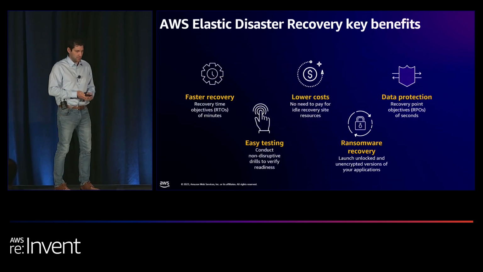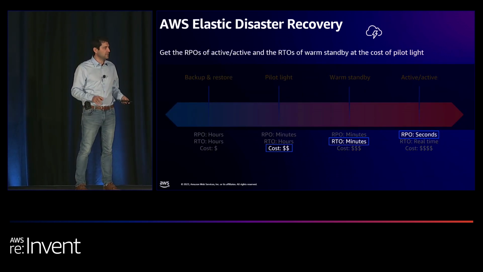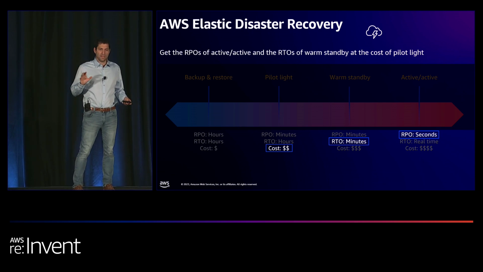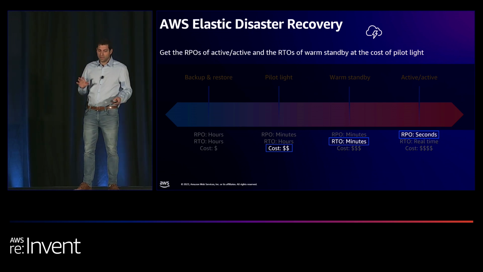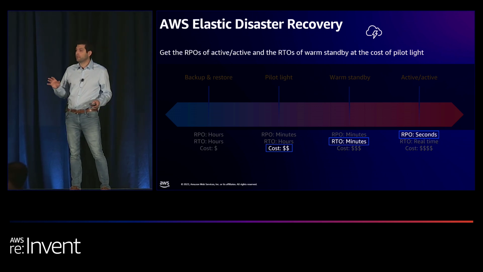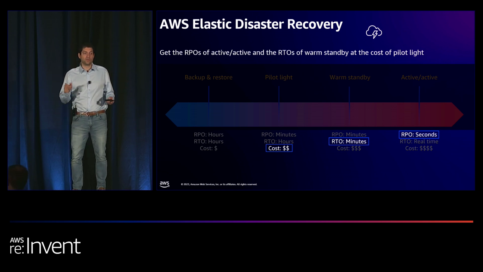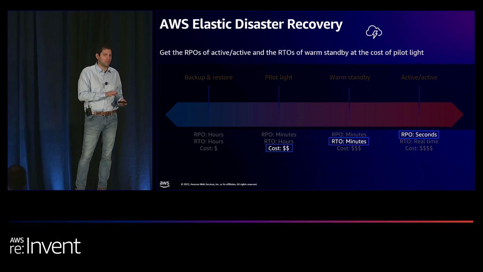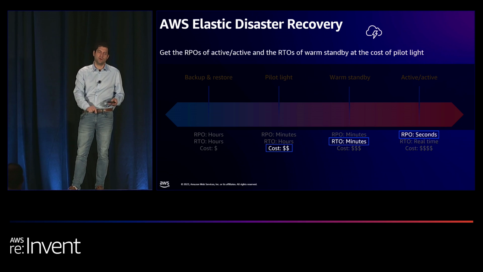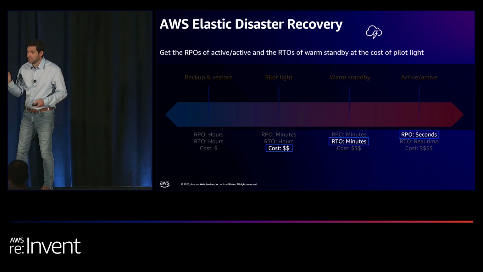So if I look at Elastic Disaster Recovery, you can see that we have a nice mix. We'll have the RPO of seconds. We'll see how that works. So the RPO of active-active, or high availability, that's the amount of data that we can afford to lose. So we hardly lose any data. Replication is always very, very small incrementals.